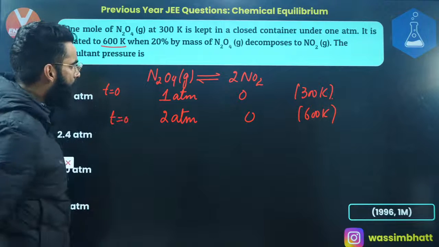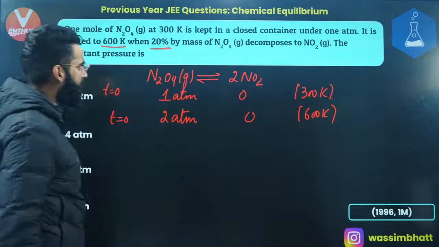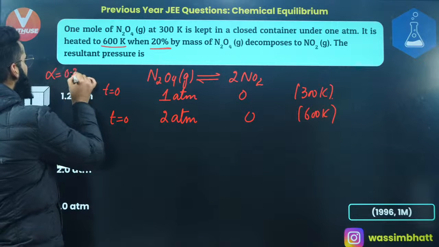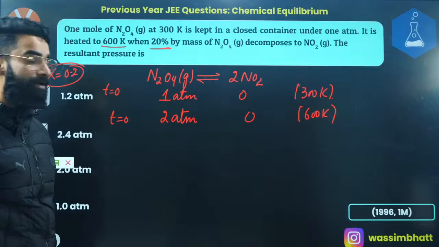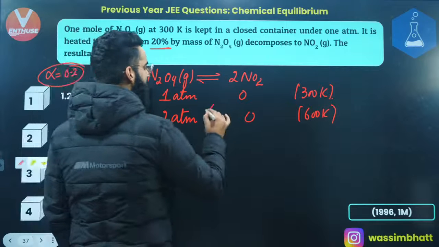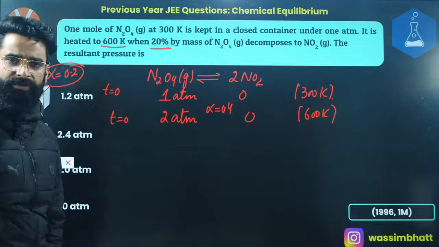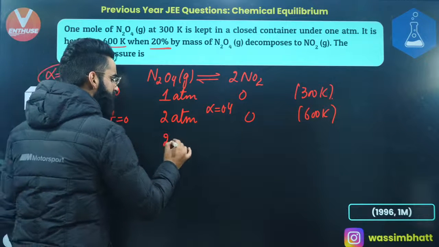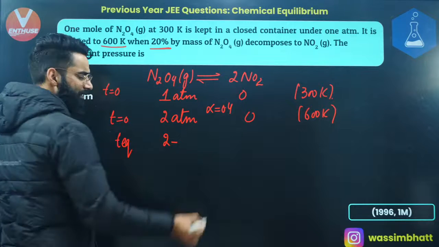Now, percentage dissociation was 20, so alpha was 0.2 when the temperature was 300. Now when the temperature is 600, alpha is not going to be 0.2, it's going to be 0.4. So at equilibrium, I'll be left with 2 minus 2 alpha.